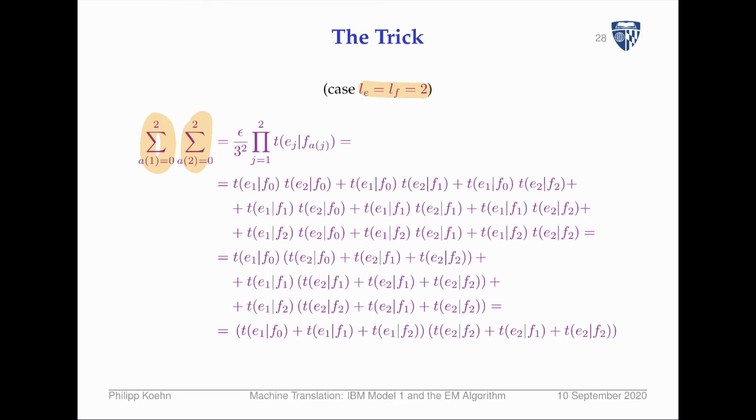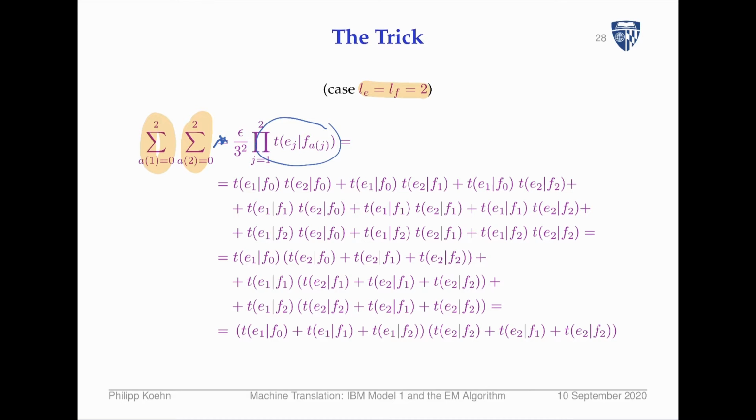We have this product here that we sum over. This is actually correct, and we'll literally spell that out. This is usually an exponential explosion, but it's to the power of 2, so it's not that bad. We go over all the possible values.